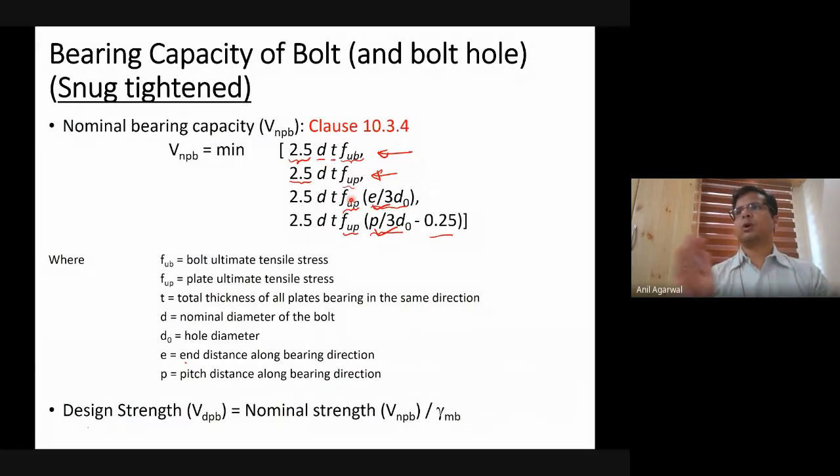So if it is between 2.5 times the diameter of the bolt and 3 times the diameter of the hole, so these two values will be different, right? So diameter of the bolt is smaller than the diameter of the hole. So let's say you have 20 mm diameter bolt, so 20 multiplied by 2.5, how much is it? 50. So if it is less than 50, not allowed.